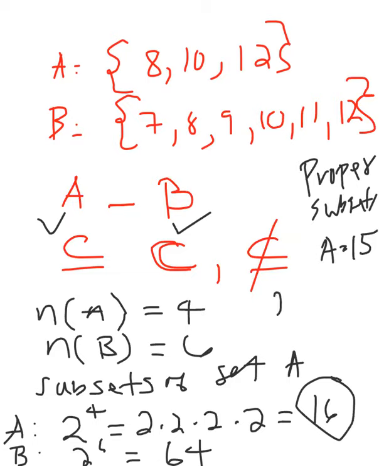It's got 4 elements, so 2 to the 4th minus 1: 2 to the 4th is 16, minus 1 gives you 15. And for set B, it had a total of 64 subsets, so you would do 64 minus 1, which gives you 63 proper subsets.